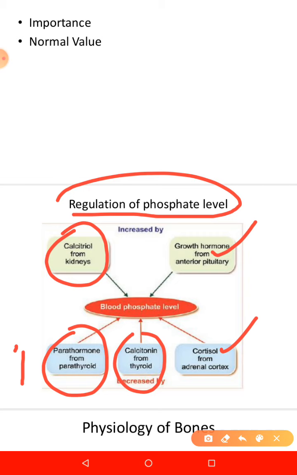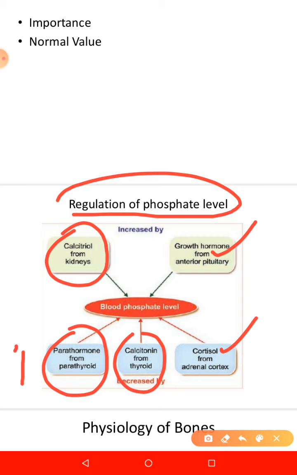Whenever PTH is being secreted, it will increase the levels of calcium in the blood, but it will reduce the levels of phosphates. But calcitonin will reduce the levels of calcium in the blood, and it will also reduce the levels of phosphates. Just take note of that.